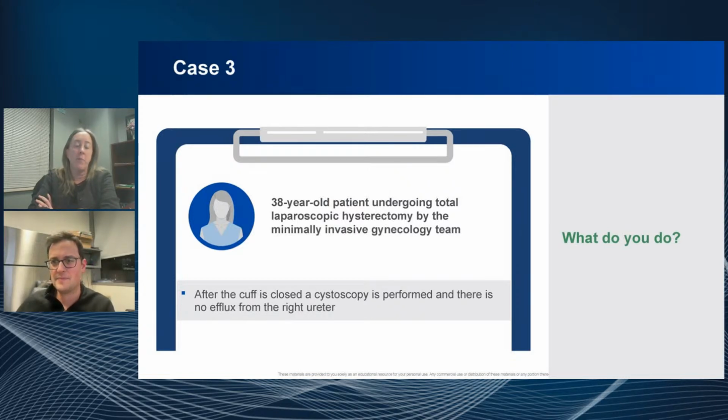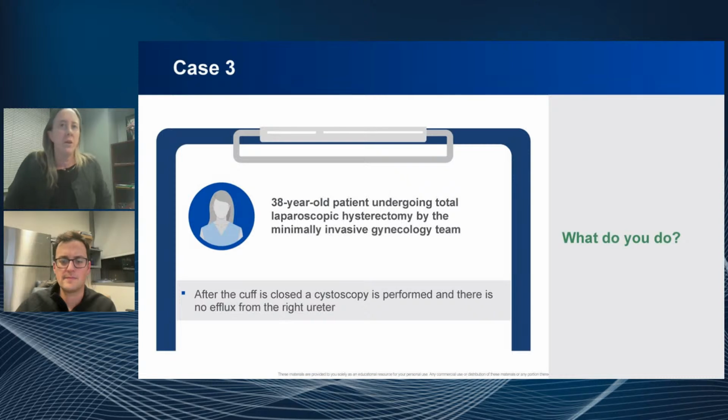So if it was my case, I probably have not given a PO agent. It's just not something I routinely like to do. I didn't mention it before, but I find that pyridium stains the mucosa of the bladder, and it also looks like blood sometimes, and I just don't like that feeling of not being sure. Why does my urine look bloody? Did we do something or did I get it?